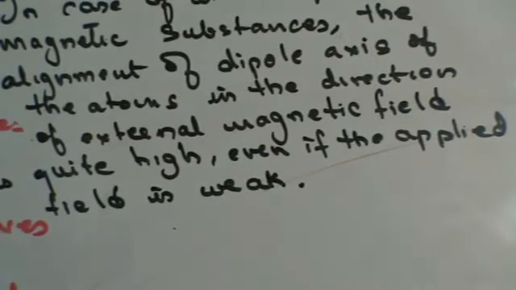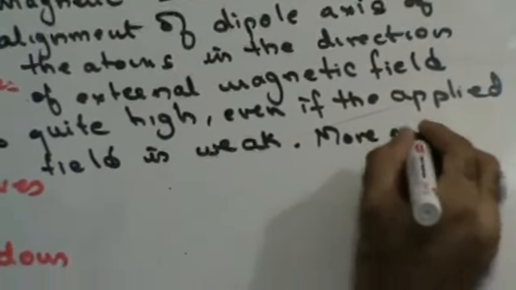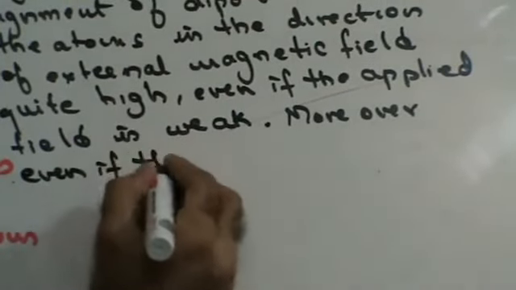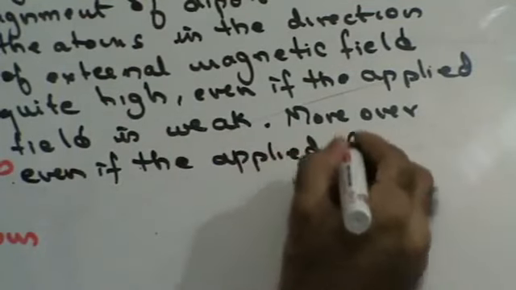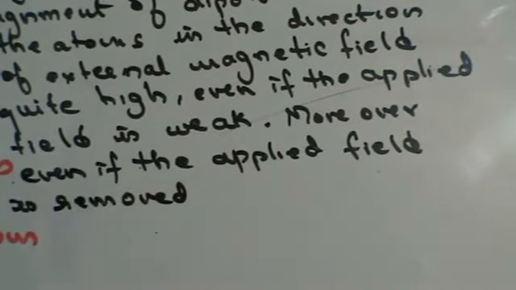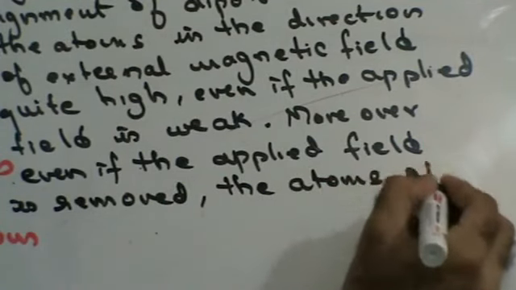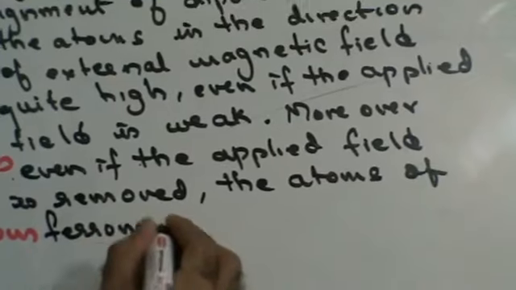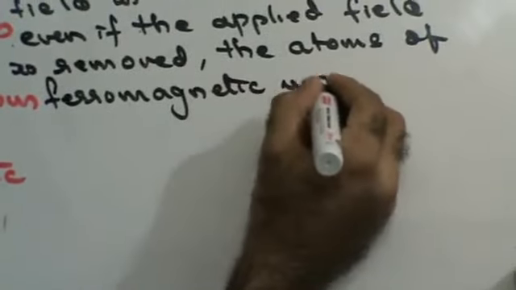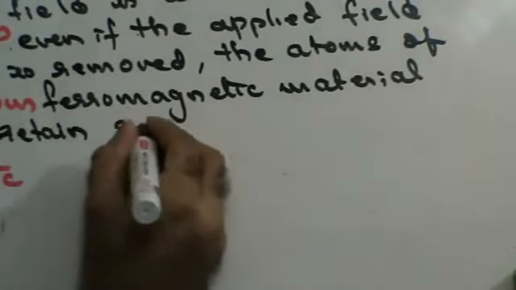So that means here you would have a high degree of magnetization that would be achieved. Moreover, even if the applied field is removed, the atoms of the ferromagnetic material retain some magnetization.